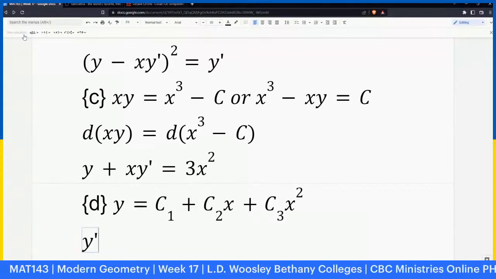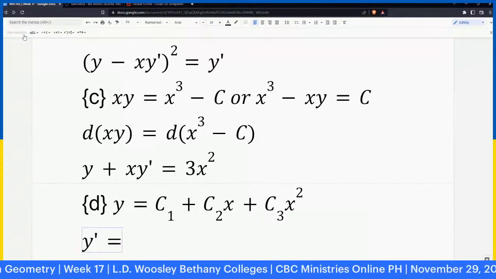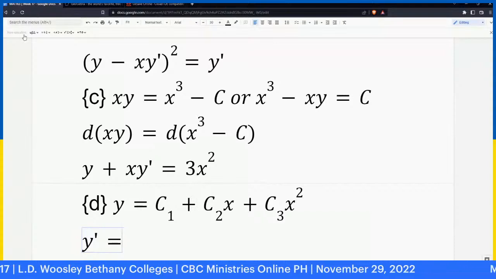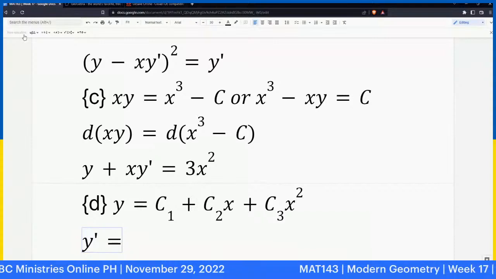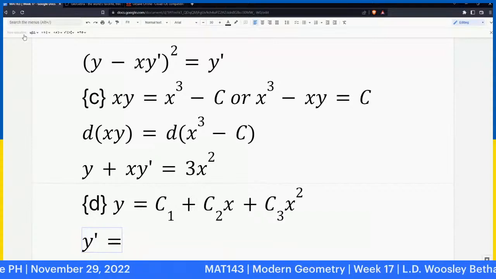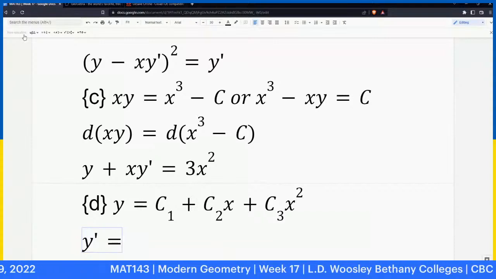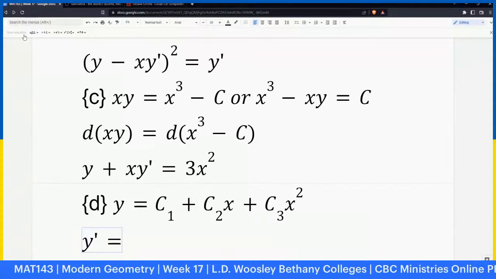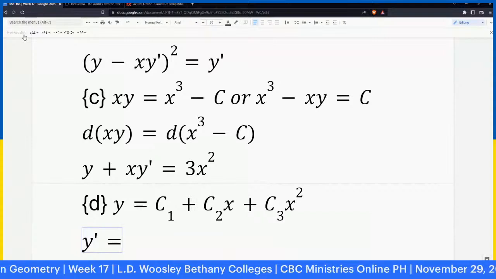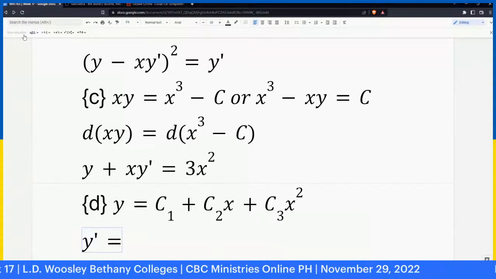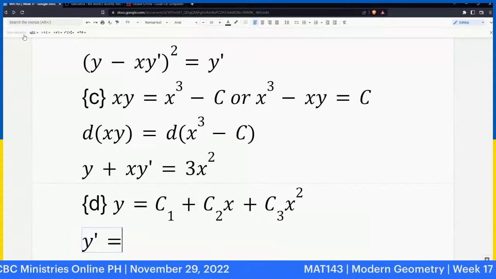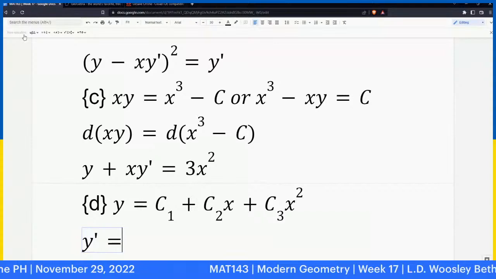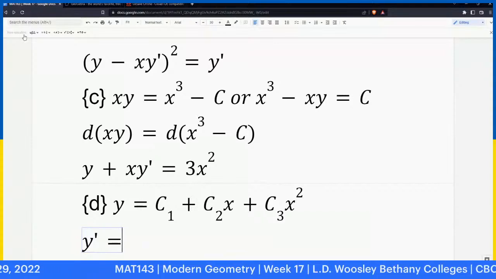okay, y prime. What will be the y prime, Micaela? Derivative of the given equation. 2x plus 1. Okay, 2, that becomes c sub 2 na lang?